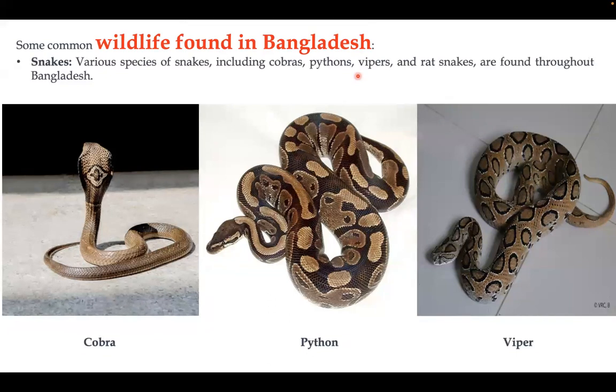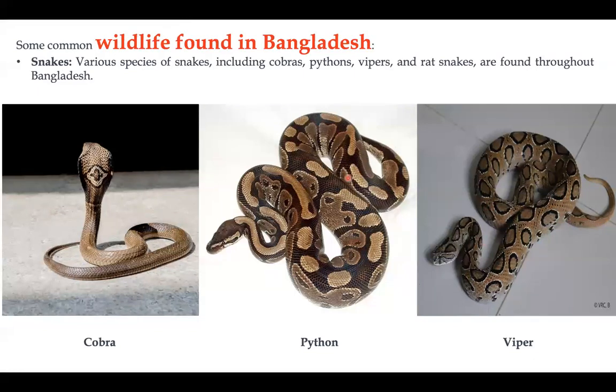Sometimes it is quite difficult to differentiate between the python and the vipers, especially one really common nowadays that we hear of, the Russell's viper.